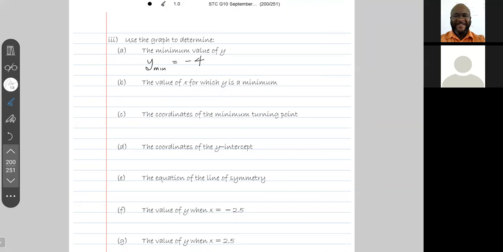So the value of x for which y is a minimum is the value of x at the turning point. We already identified that x is equal to -1 is the value of x at the turning point. So x is equal to -1 is the value of x for which y is a minimum.